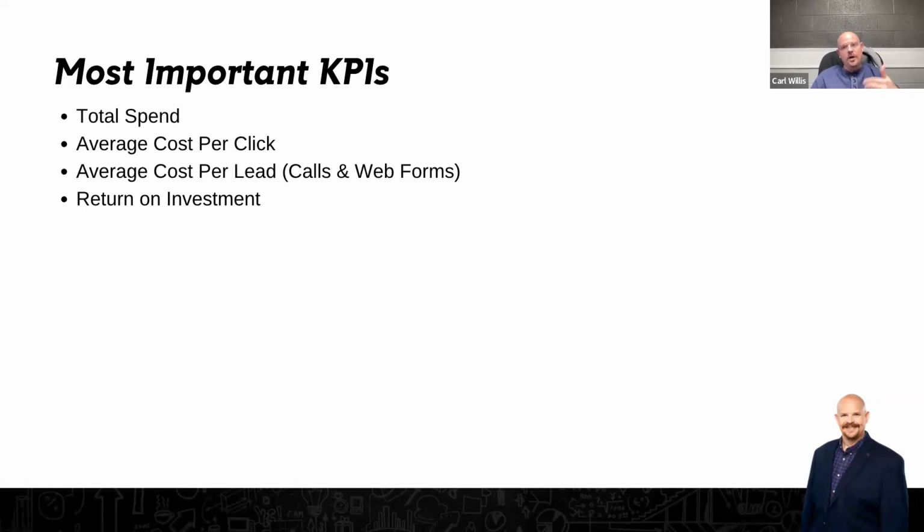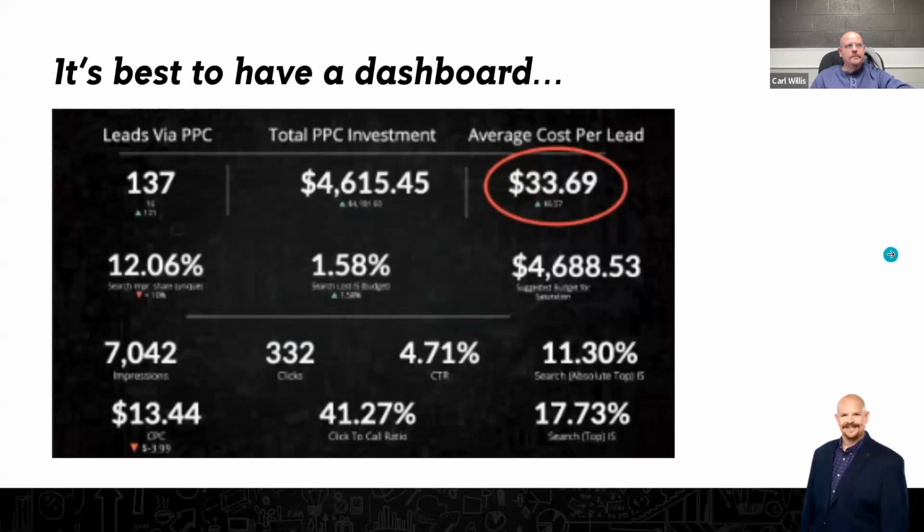What does that click cost you? What does the lead cost you? And what's your return on investment? There's a little math to that, but you want to know those numbers. That way you know if you're overpaying for clicks, if you're overpaying for leads, if you can scale, or if you need to make adjustments. Let the data be your guide in those decisions.